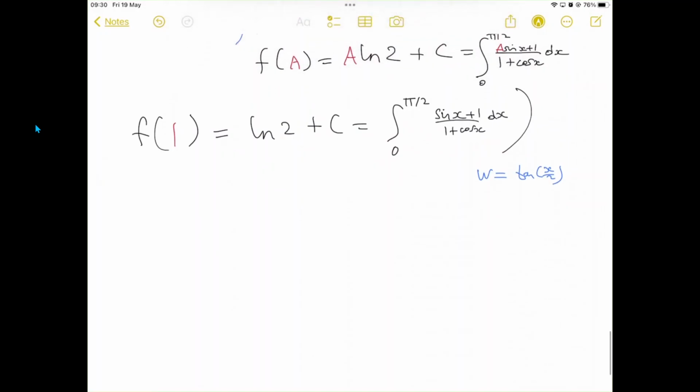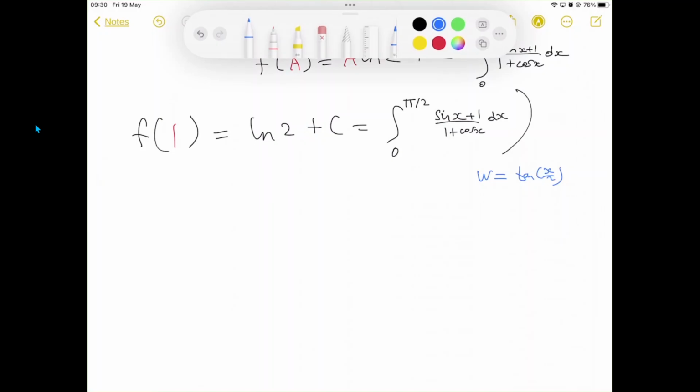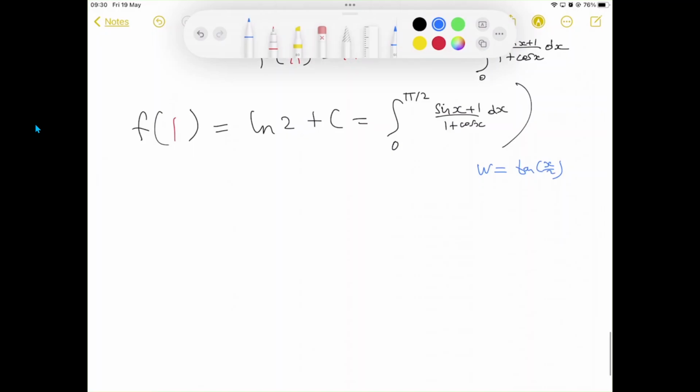with this Feynman's trick. Well, I'm just going to do the exact same thing that I did with the previous method, where I apply arctan to both sides and multiply by 2. So arctan of W equals x over 2, and do the derivative of both sides, and you end up with the following there.